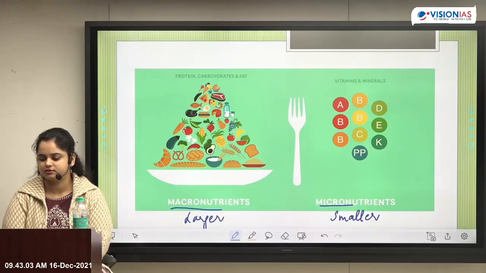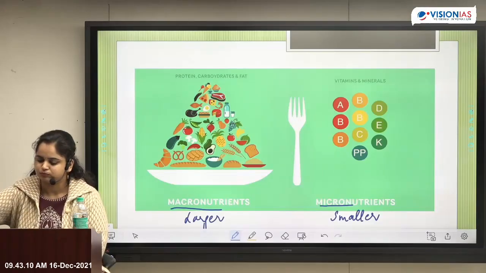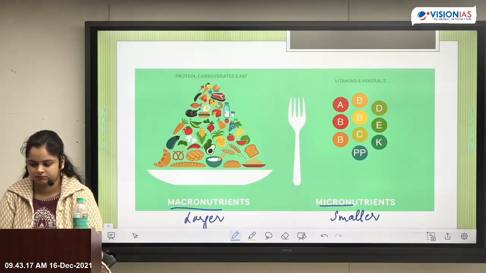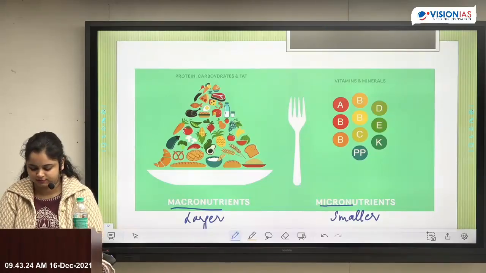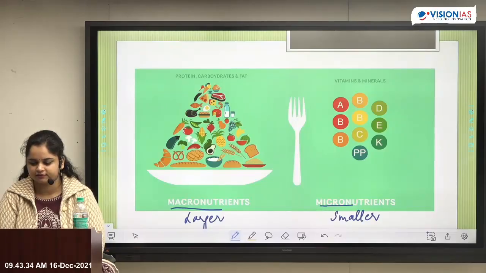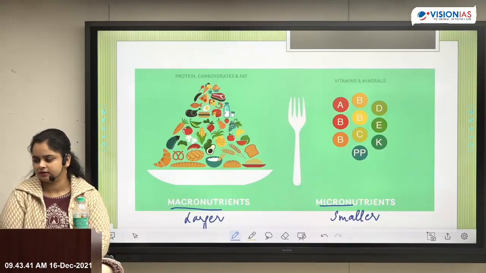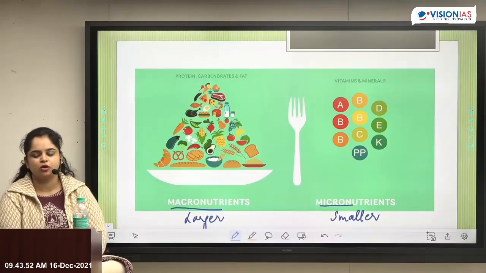Then micronutrients. They form the lesser part of our diet and are needed in smaller amounts.